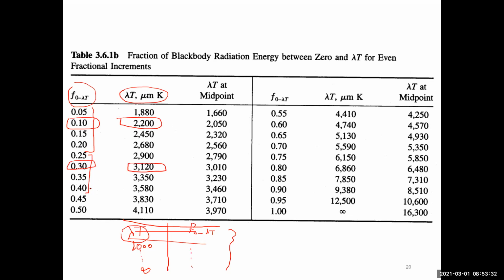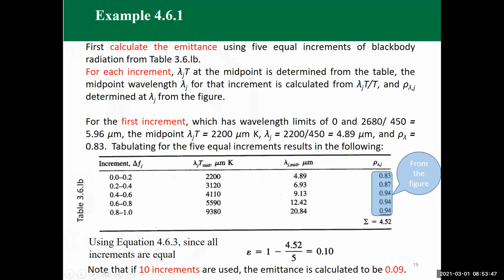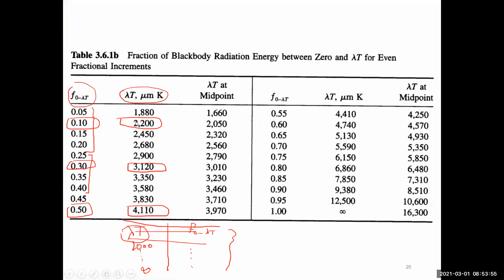Then from 0.4 to 0.6, the average value is going to be 0.5. So we're going to consider this and this. So we're going through fractions, as you can see here, and these fractions are what's given here. From 0 to 0.2, the middle value is 0.1, and what's corresponding to 0.1 is 2,200.